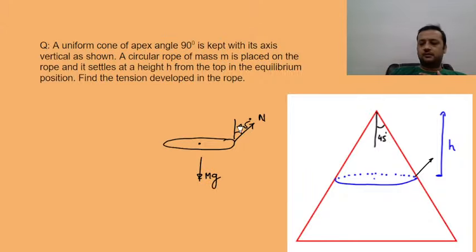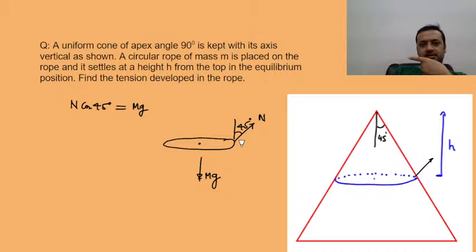Now these are the external forces. The upward component of the normal is balancing mg: N cos 45 is balancing mg. What is happening to N sin 45?